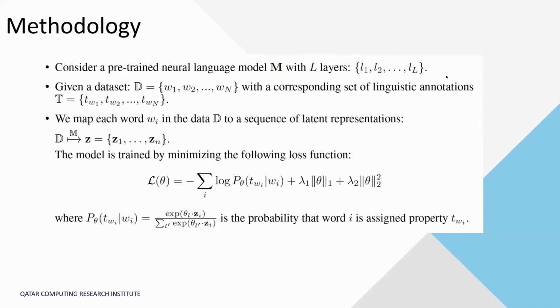We will be looking for the probability that assigns a specific tag. The objective function is to minimize this loss function, which is the log probability of word i being assigned the proper tag.